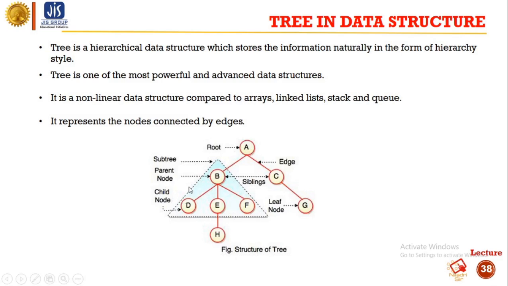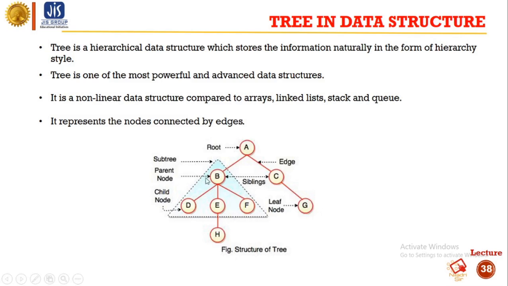This one is the left part, and this one, C and G, comes under the right part. So this is a subtree, and C and G come under another subtree. If the root node is not null, the trees T1, T2, and T3 are called the subtrees of the root node. Here you can see that this is a subtree, and C and G again.